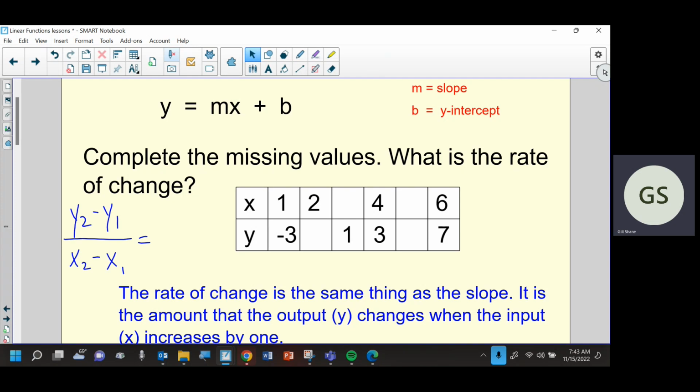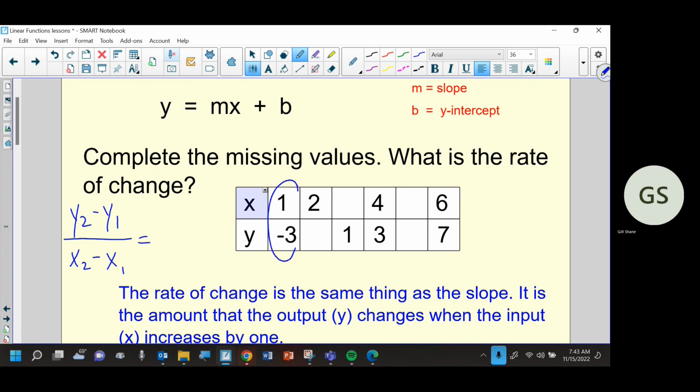But you basically need an x and a y that are paired together. An x and a y, an x and a y, an x and a y. So I could use any 2 of these, and it doesn't matter which 2 of those 3 I choose. It'll work. I'm going to use both combinations, so you'll see it comes out the same no matter what.